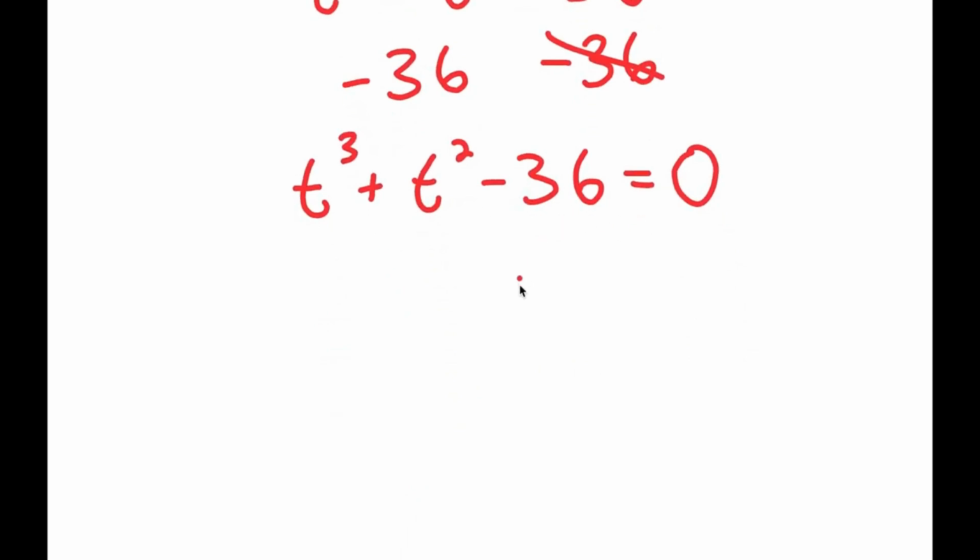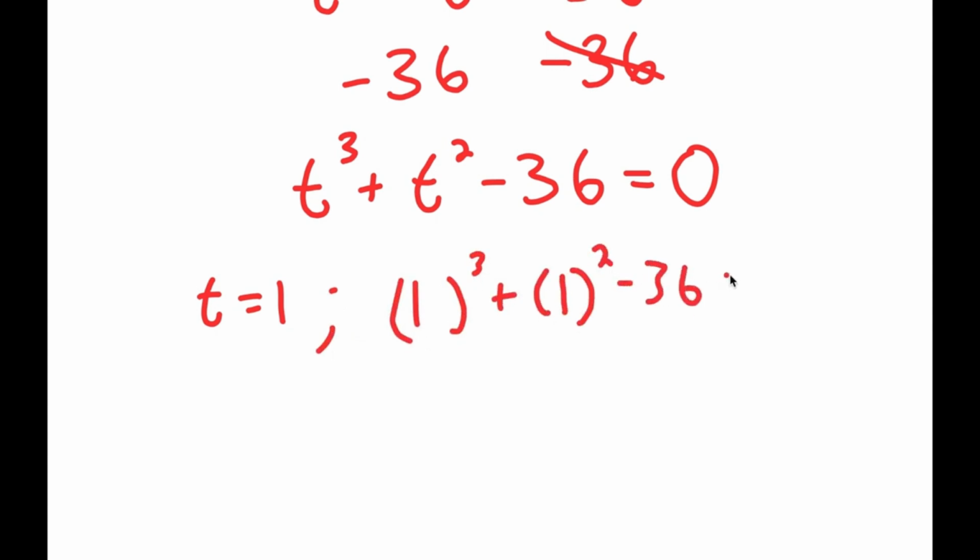Now to solve an equation like this, what we have to do is first find one solution and use that solution to find the remaining solutions. And to find that one solution, we just actually have to plug in numbers and see if they work. So I'll first start with t is equal to 1. If t equals 1, I get 1 to the power of 3 plus 1 squared minus 36, which does not equal 0.